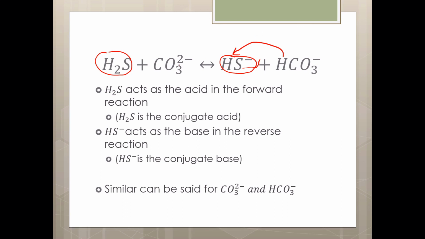And you can say a similar thing with the CO3 2 minus and the HCO3 minus, in that in the forward reaction, the CO3 2 minus is a base, and in the reverse reaction, the HCO3 minus is an acid. So be mindful that when you're dealing with acids and bases, depending on which reaction you're looking at, the substance can act as a base or as an acid.